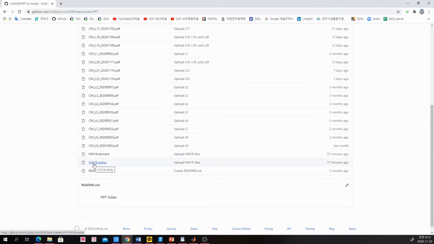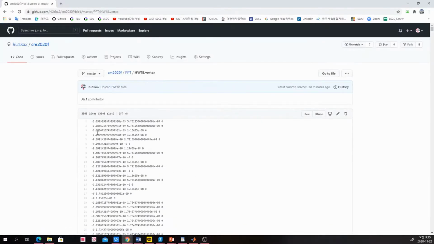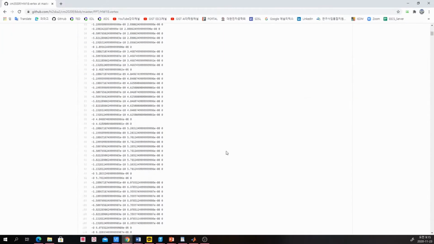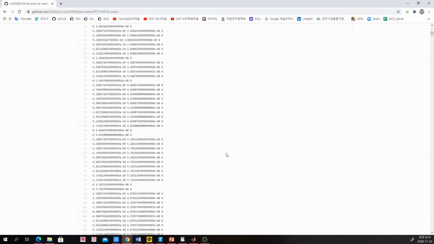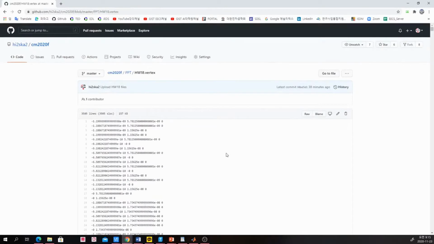Now just click our vertex file. When you click the vertex file, it contains many lines, almost 3,500 lines, and a lot of information. Handcraft manipulation is not available, so you have to make your computer code understand this vertex information.